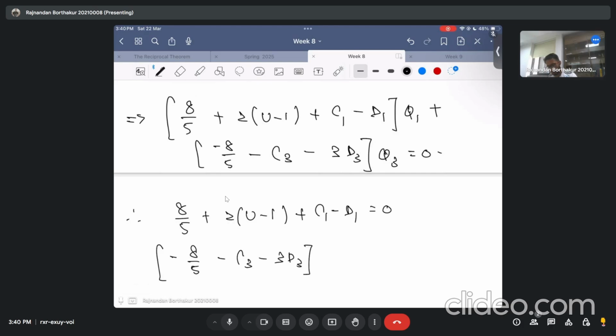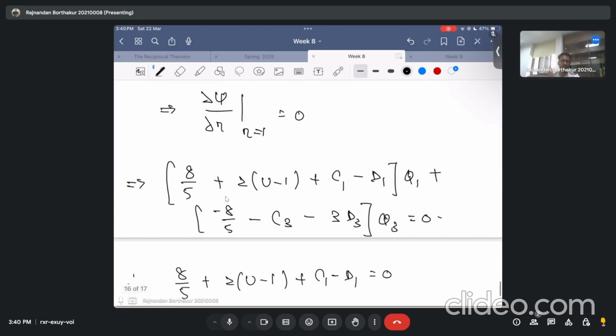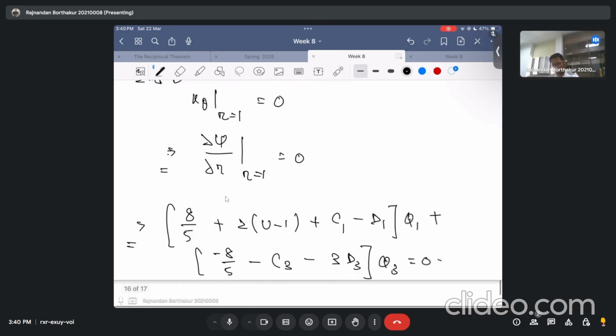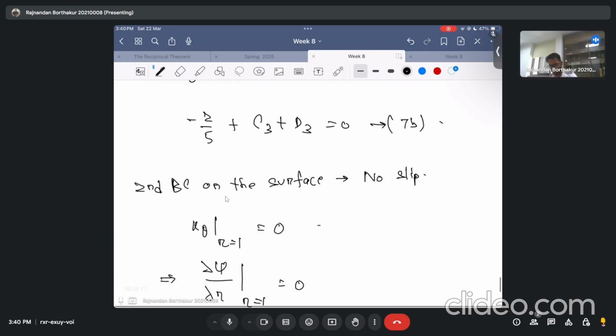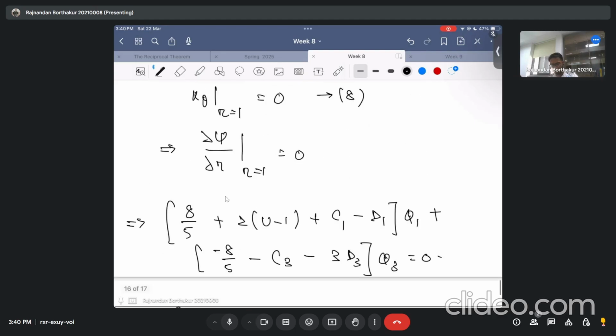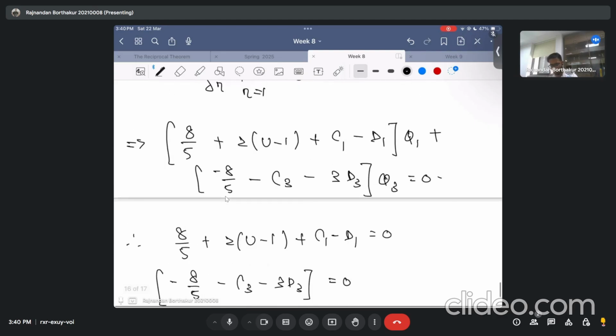This is again because the orthogonal modes behave independently of one another. I name this equation 8, the no slip condition, and these equations 8a and 8b.